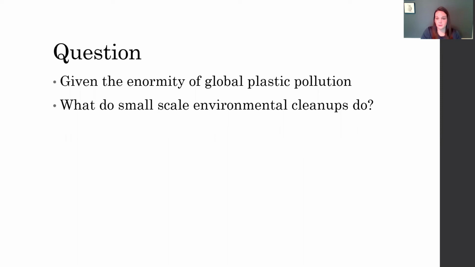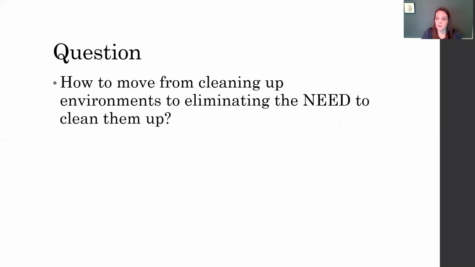What does that do as far as an environmental impact? The other thing I want you to think about is how can we move from just acting in the act of cleaning up these pollutants, to eliminating the need to actually clean them up. So steps we can do to reduce our microplastic use and what that looks like.